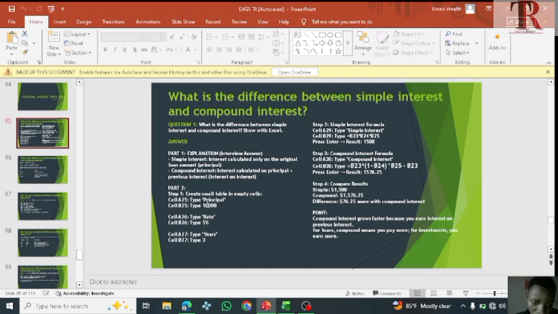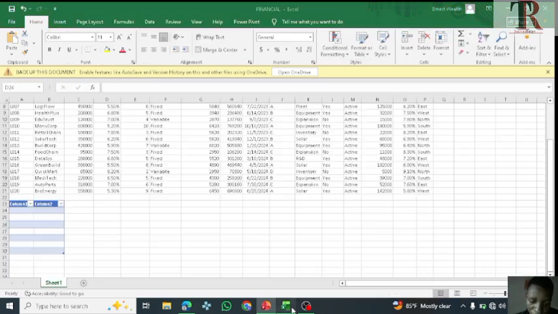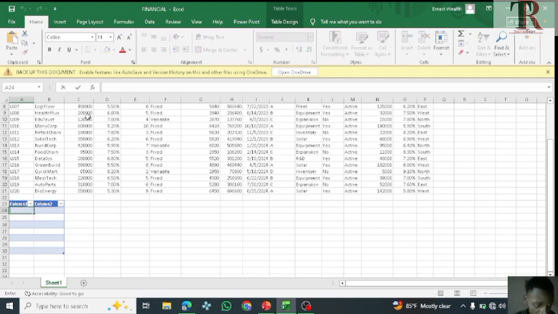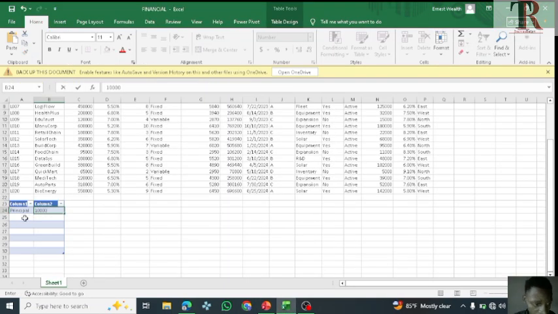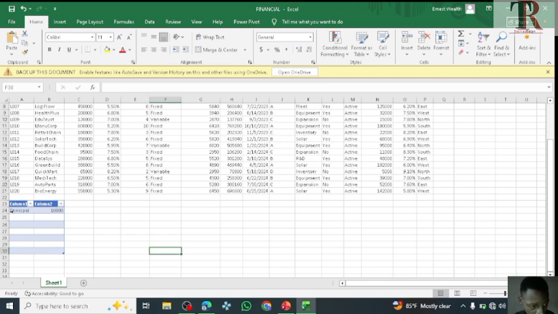Then the next thing is to type our principal. So here we have our principal. Here we then have our 10,000. Also, the next thing we have is our rate, 5%, as our rate.